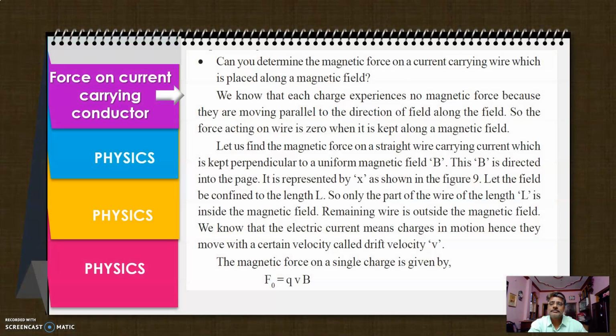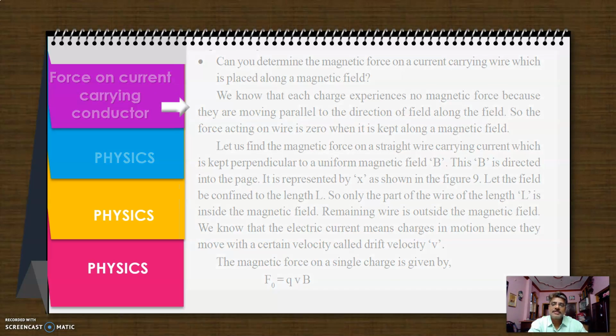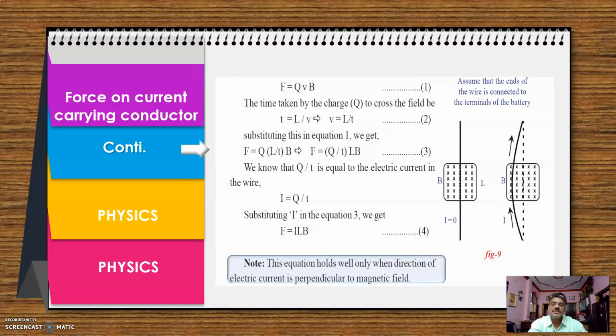Now coming to the next concept, that is how to calculate the force experienced by a current carrying conductor kept in a magnetic field. We will start the discussion with F is equal to QvB, and after that see how we can derive this equation.